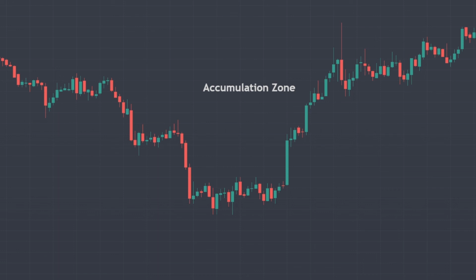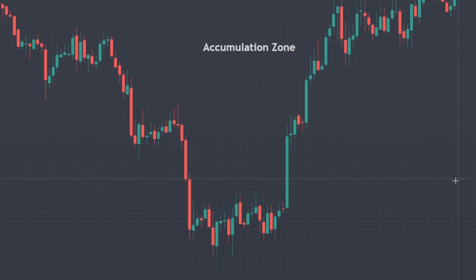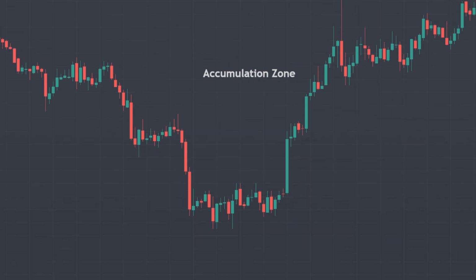But how exactly do we find this accumulation zone, and how do we go about using breakout trading with the accumulation zone itself? The first thing you must do is identify either a large run up or a large run down. Following that step, you need to then identify a point of consolidation.